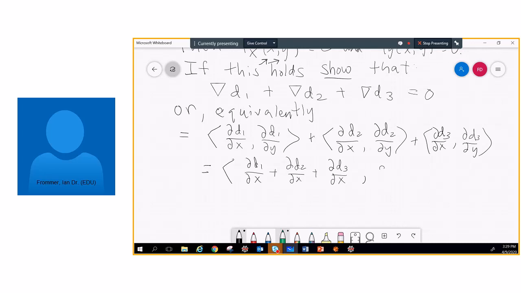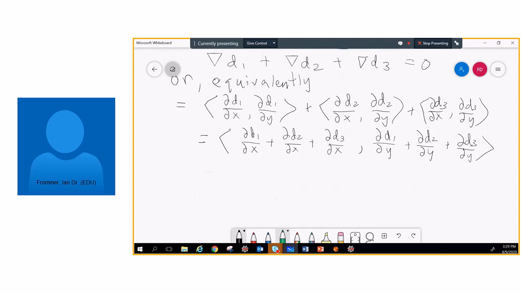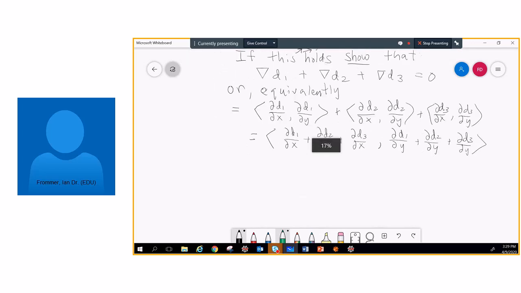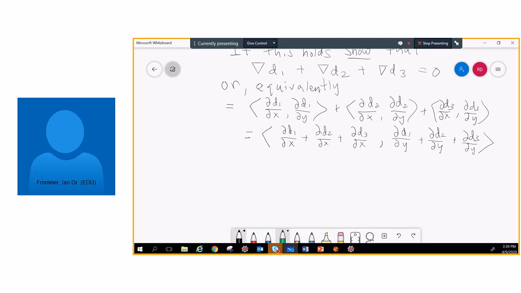Likewise, I'm going to do the same thing for the y. dd1 dy plus dd2 dy plus dd3 dy. Okay, so just a little rearrangement going on. But now it collapses.